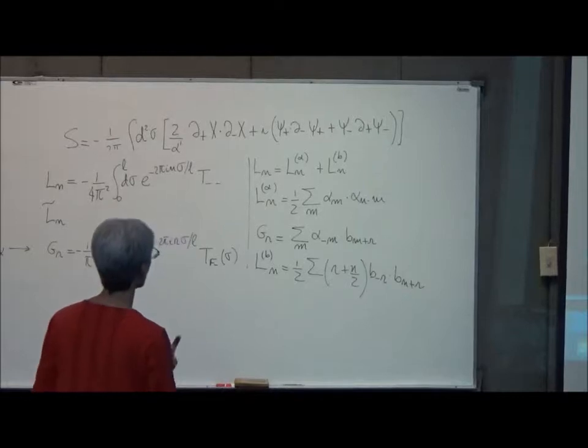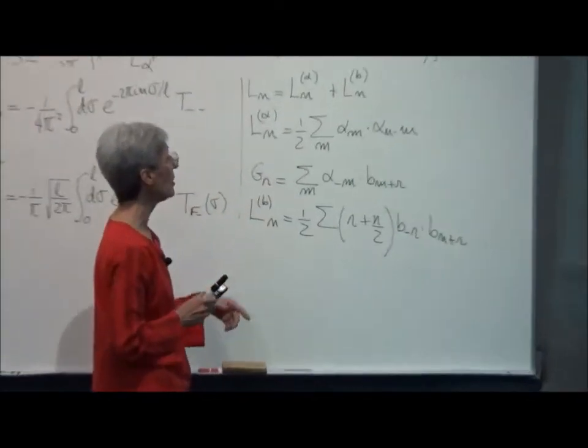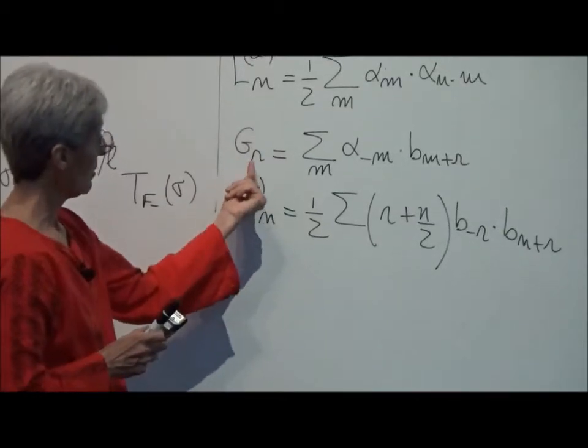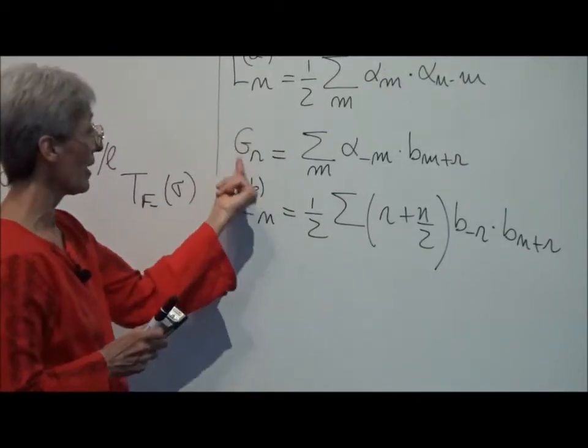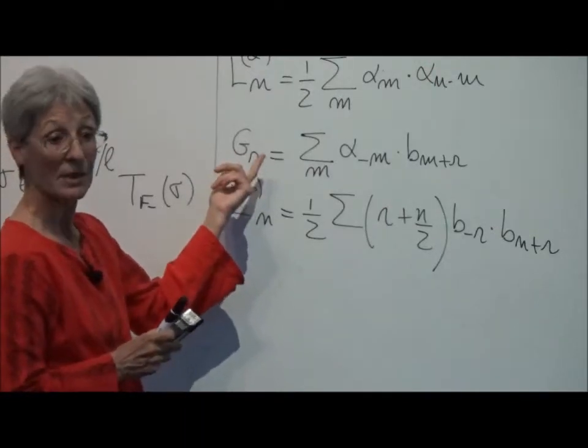Okay. So one thing one can see from here is that for the Ramond sector, the indices of the supercurrent will be integer, and for the Neveu-Schwarz sector they will be half integers.